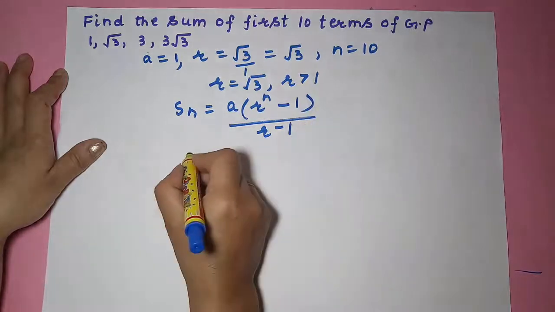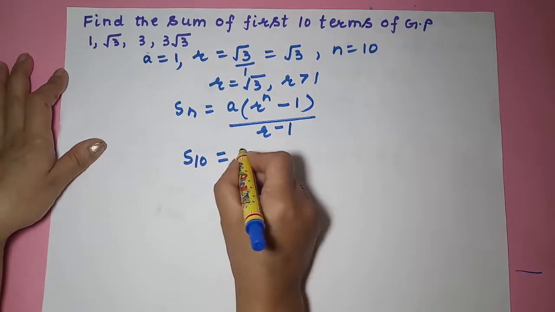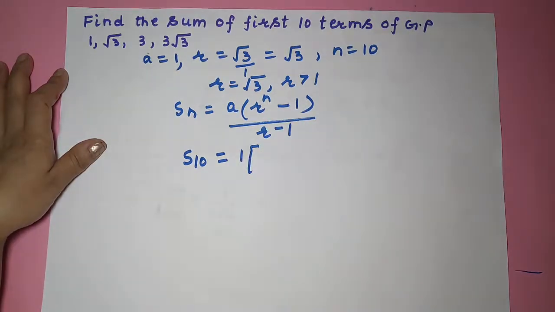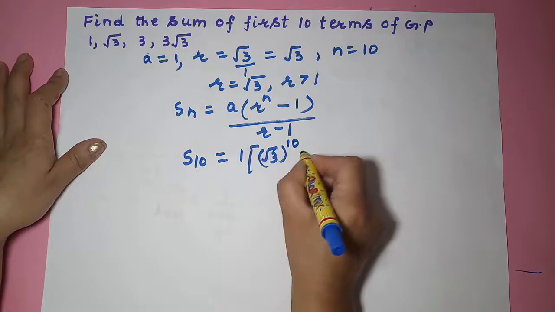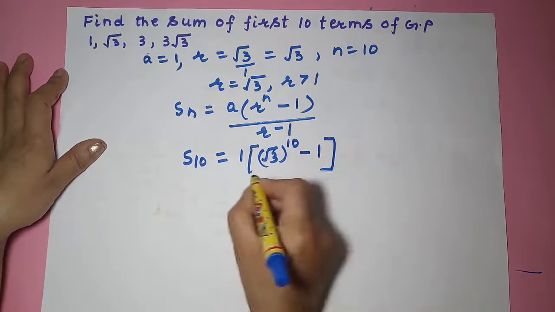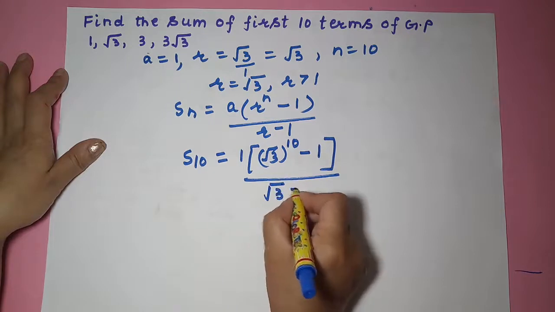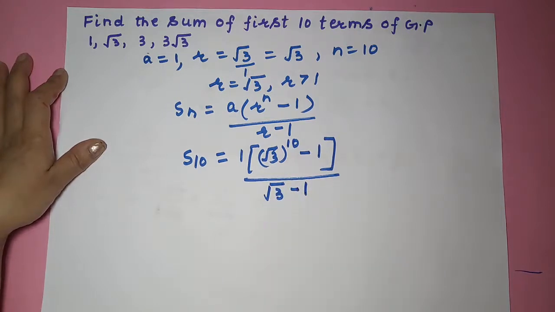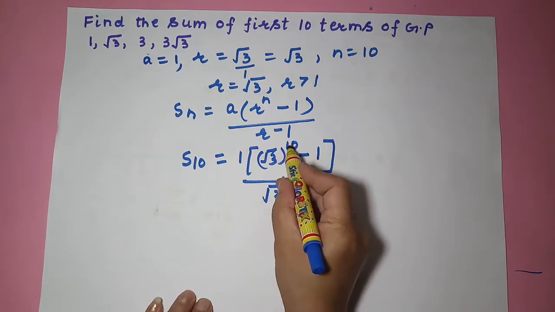I have all the data. Let me substitute. S10 is equal to A is 1. My R is root 3 whole raised to 10 minus 1 divided by root 3 minus 1. Fine. So how much is root 3 raised to 10?